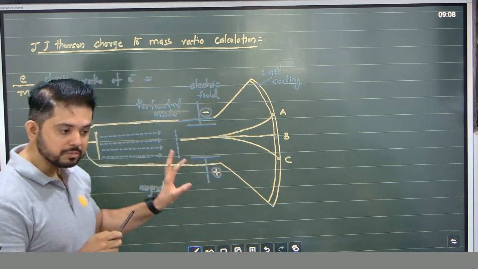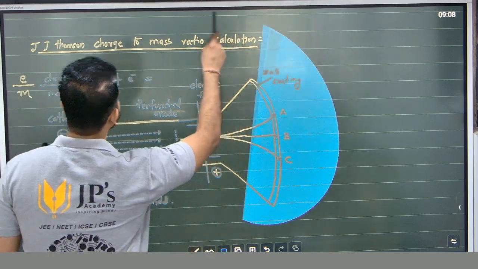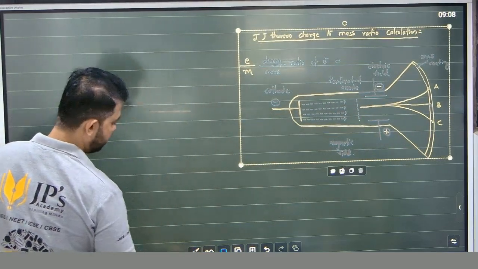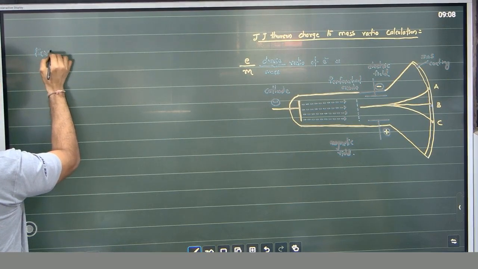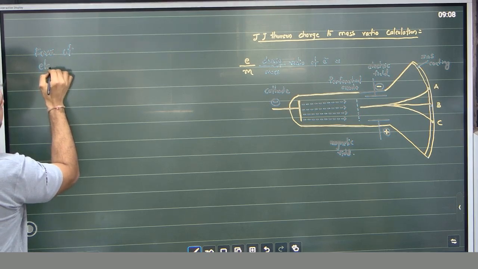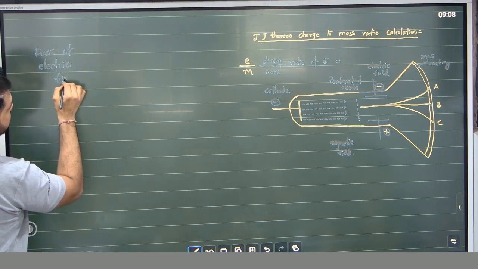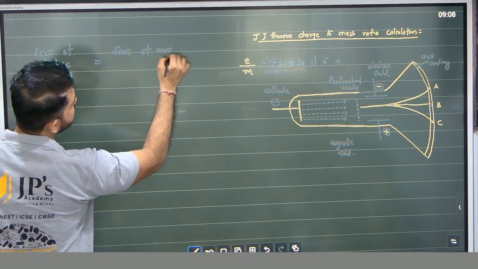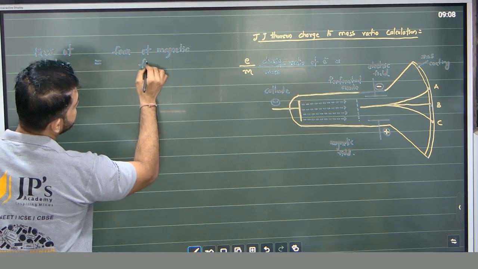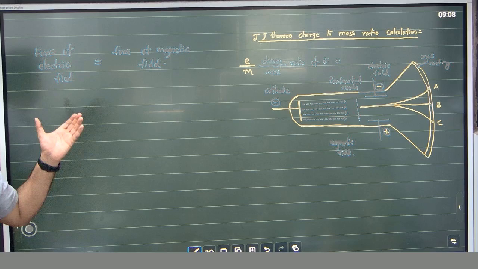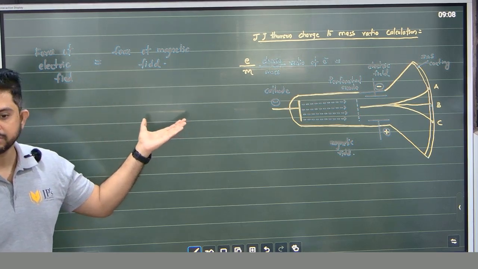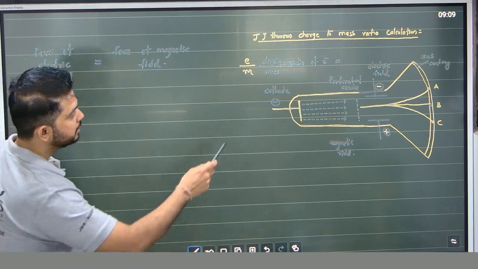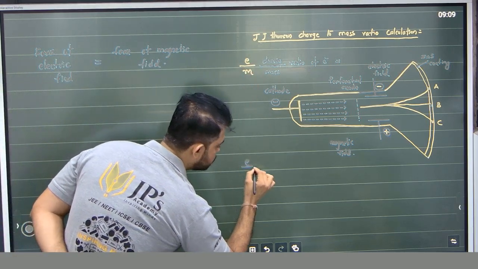Nullified मतलब what Thomson did is एक ऐसा particular value पर, I repeat, we wanted a particular value where the force of the electric field was equal to the force of the magnetic field. I repeat, when the force of the electric field became equal to the force of the magnetic field, that particular point helped Thomson to calculate the charge to mass ratio.